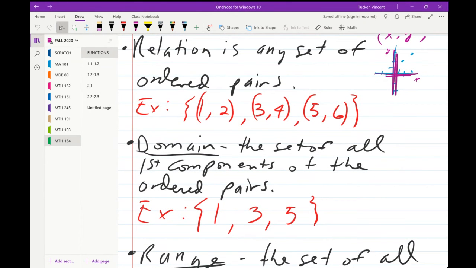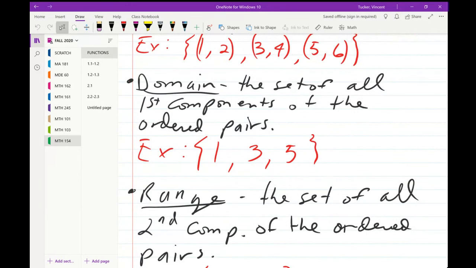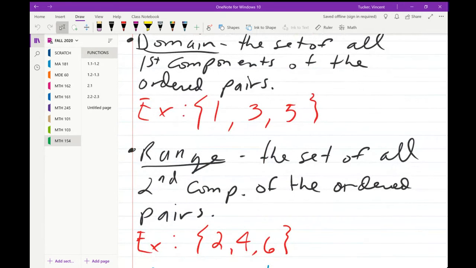Your domain is the set of all of your first components of the pairs. So in this case, that would be 1, 3, and 5. And the range is the set of all of your second components of your ordered pairs. That's 2, 4, and 6.